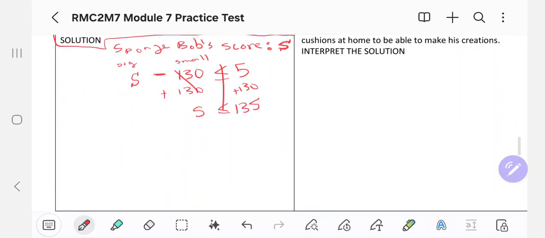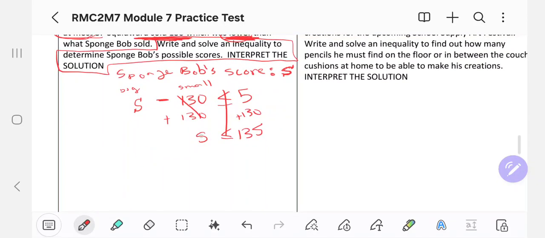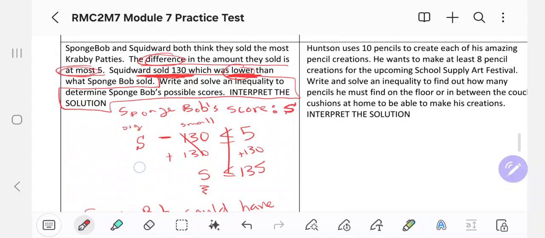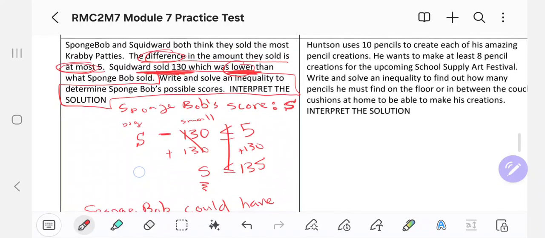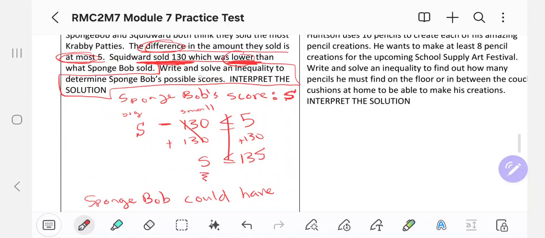So now we have to interpret our solution. What did this S represent? It's SpongeBob's possible scores. So SpongeBob could have, I don't know why it's SpongeBob's possible scores when it should be how many Krabby Patties he sold, right?